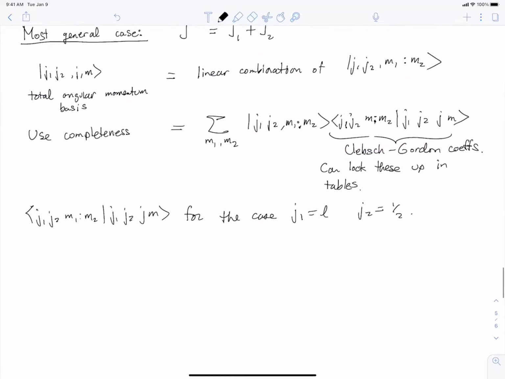Okay, and so what we found, for example, is that L 1/2, L plus 1/2.